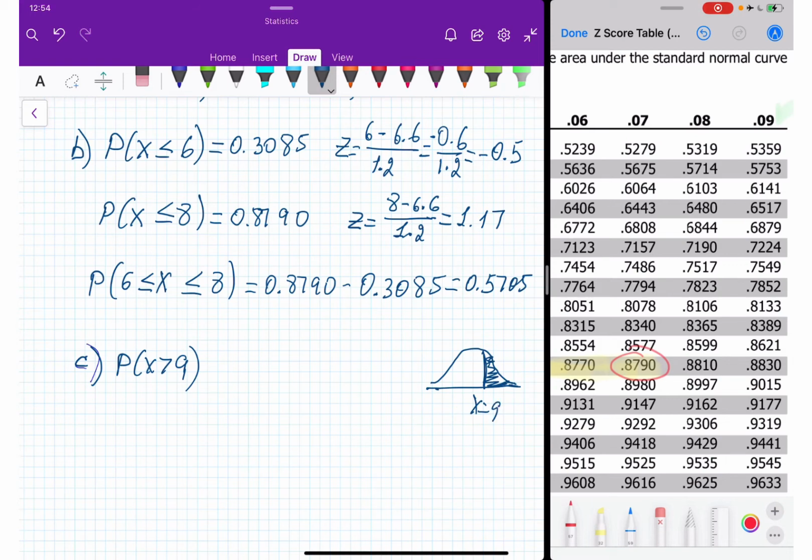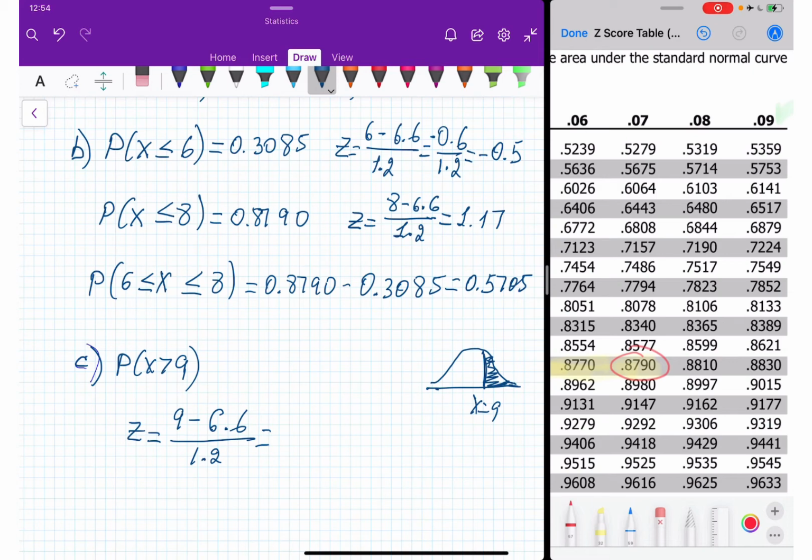Okay, so first of all, let's convert to z-score. Z-score is equal to 9 minus mu, which is 6.6, over standard deviation 1.2, and 9 minus 6.6 is equal to 2.4 divided by 1.2. If you punch numbers on the calculator, you can't go in one line 9 minus 6.6 and divide by 1.2.